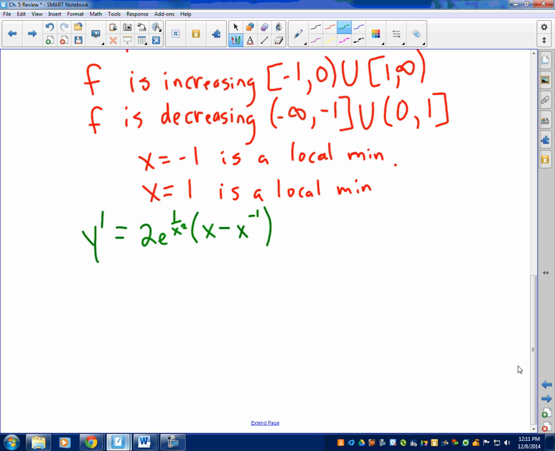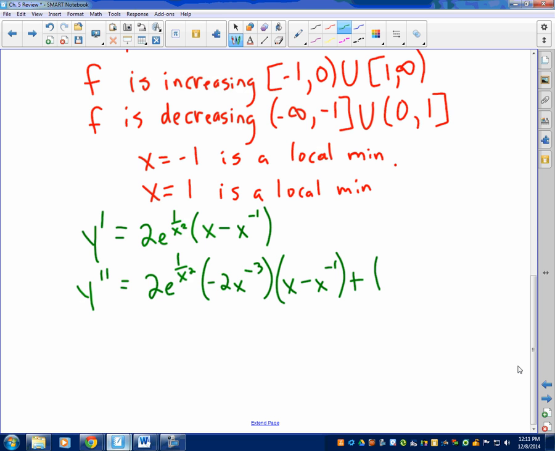So, second derivative. Derivative of the first is 2e to the 1 over x squared times negative 2x to the negative 3, times the second, plus derivative of the second.